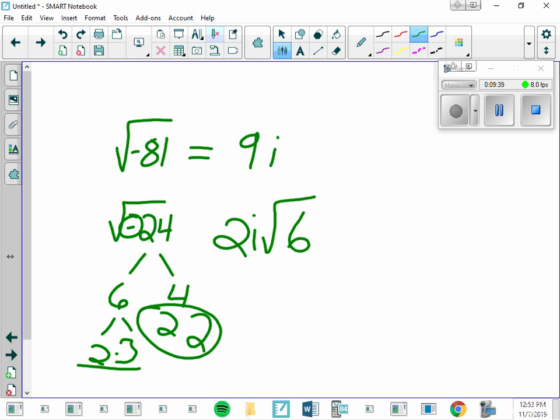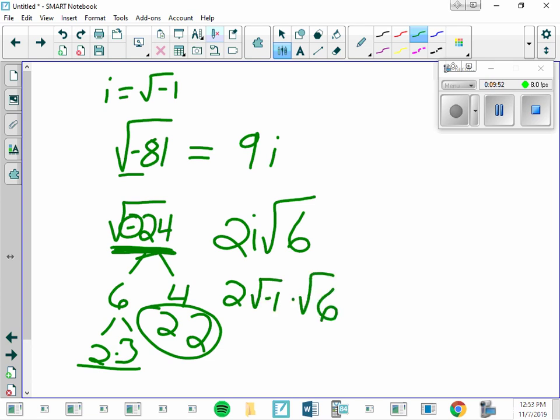So i is the square root of -1. What we're saying is this is the same as 2 times the square root of -1 times the square root of 6. But instead of writing the square root of -1, we always just write i. Now, where do i's belong? i's go after numbers, after variables, but before square roots.